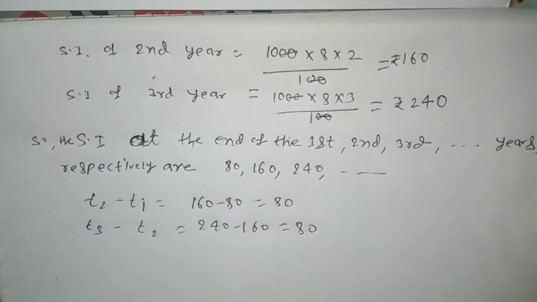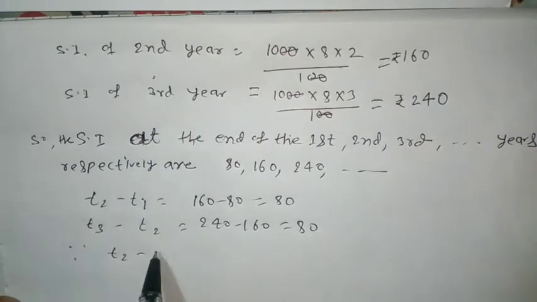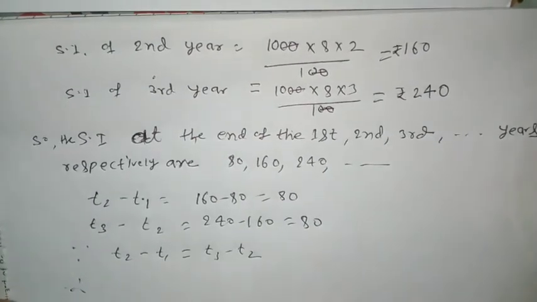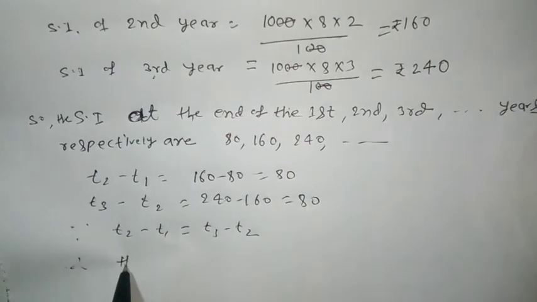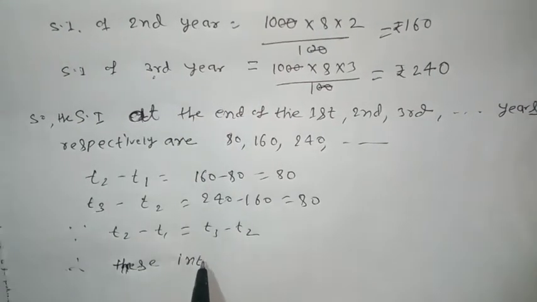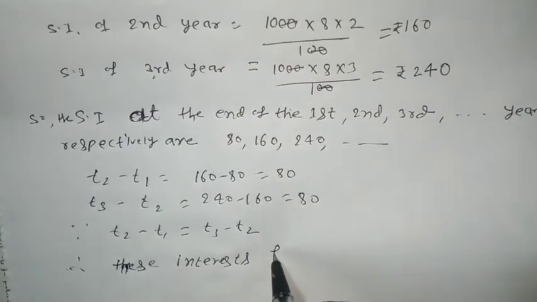Both are same. So we write, because T2 minus T1 is equal to T3 minus T2, therefore this interest forms an AP.